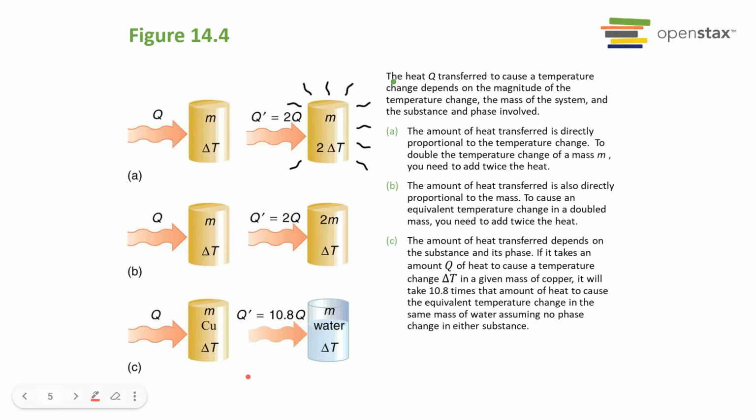This is based on the molecular structures, the difference between copper and water, and that all boils down to that connection between kinetic energy on a molecular level, which is the best way to describe it. Okay.